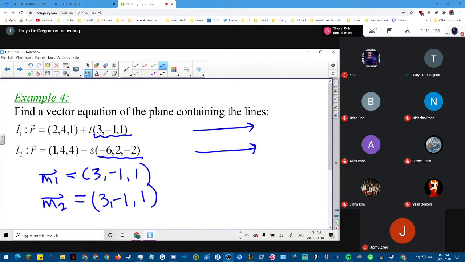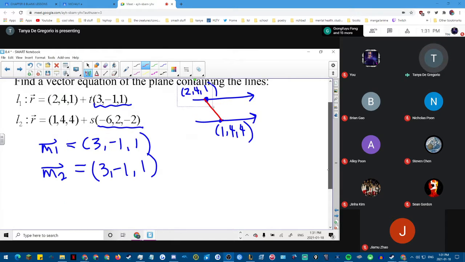Right? So what do I want to do? Well, I have a point on this line. Let's just say it's here. And I have a point on this line. I'm just going to pretend it's here. I can find another direction vector by subtracting those 2 points. Is everyone following me?